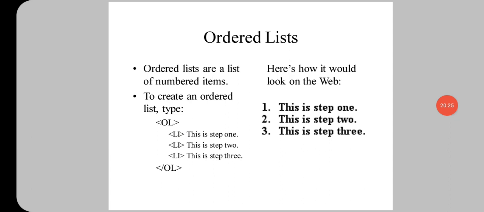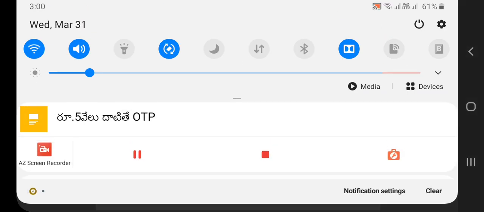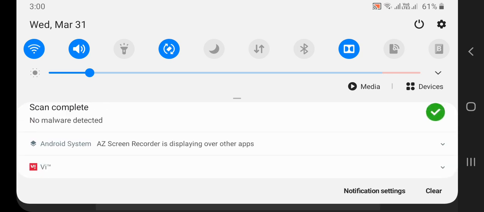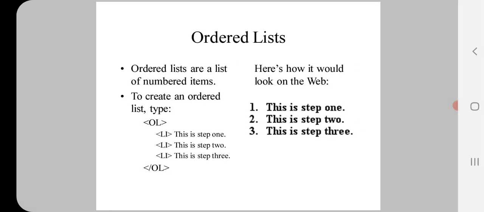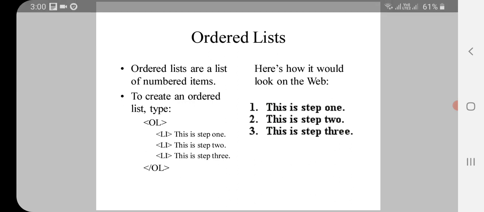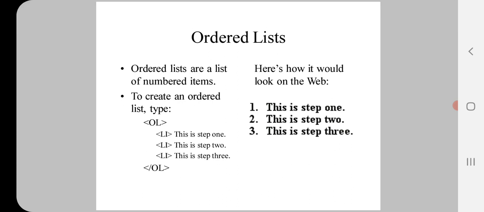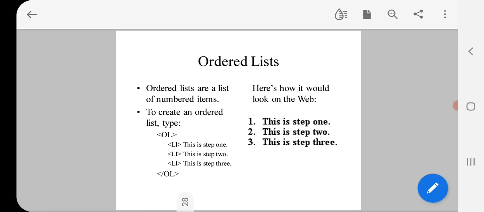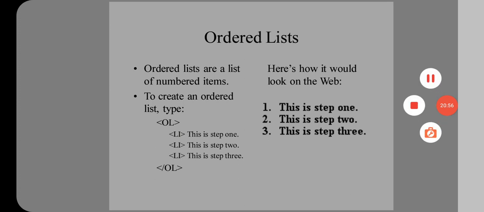So there are basically three tags used: the OL tag, the UL tag, and LI. LI is used to create list items, the items used in lists. The OL tag is for ordered lists, the UL tag for unordered lists, and the LI tag for list items.